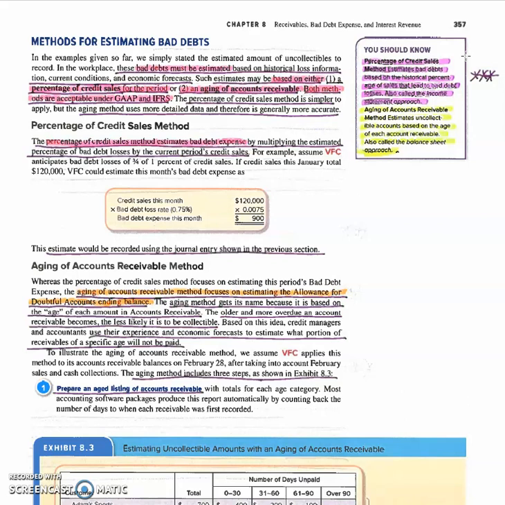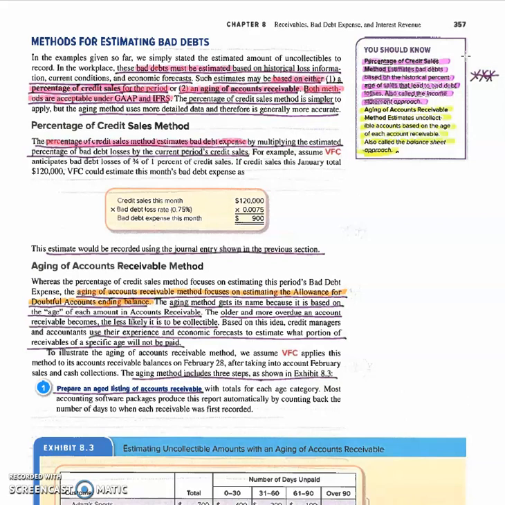Now, this is often referred to as an income statement approach, and the reason is because the emphasis is on the income statement. We're looking at the credit sales and saying, okay, that revenue is going to show up on the income statement. What percent of that do we think is bad debt? Okay, 1%.